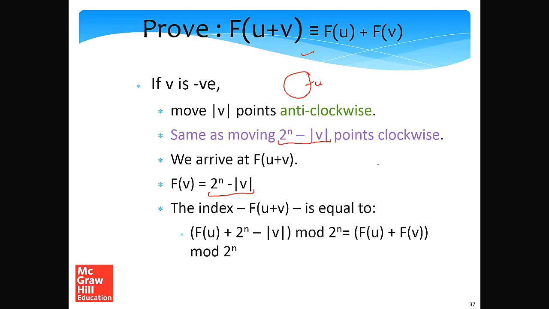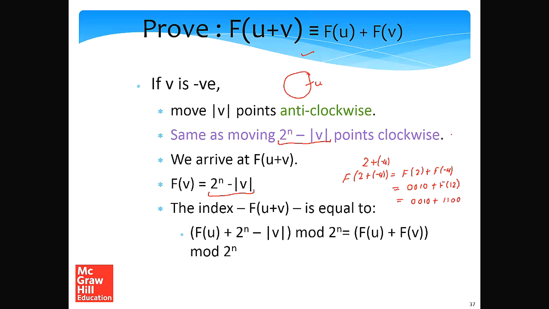Let's consider again an example. Let's assume that we want to compute 2 plus minus 4 in binary. The representation of 2 plus minus 4 is f of 2 plus f of minus 4. f of 2 in binary is 0010. f of minus 4 is essentially equal to f of 12, 16 minus 4, which is 1100.